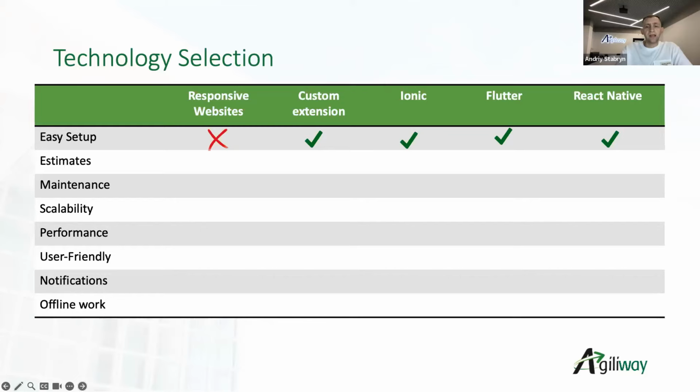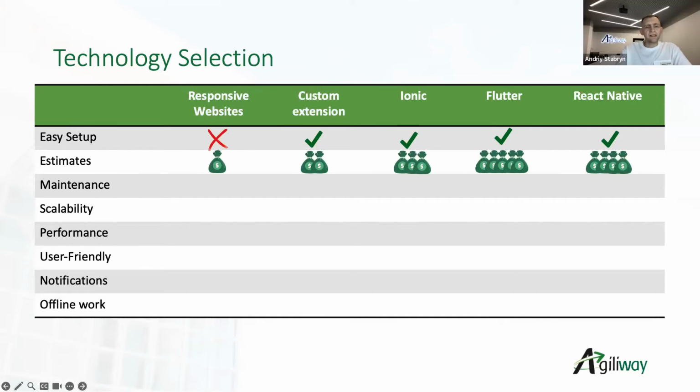And upgrades for CiviCRM could be a challenge. Custom extension is easy. It's just installing a simple extension as usual. Ionic is super easy for the user. Just take an application from Google or Apple Store. Flutter and React Native, it's the same. The user can get it from Google Play or Apple Store, an application like any other.